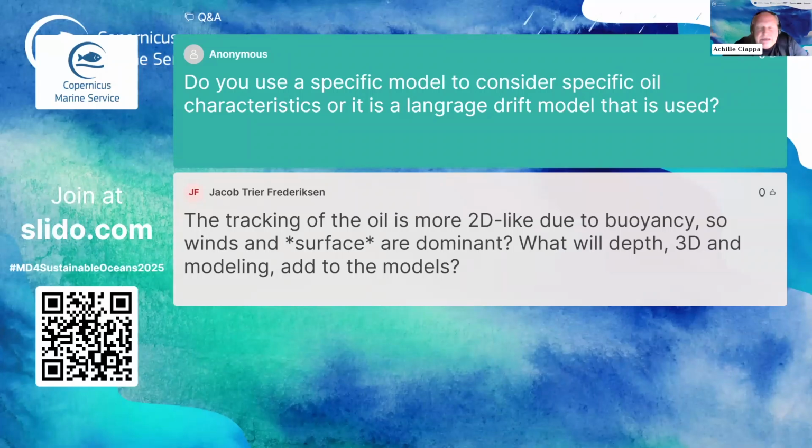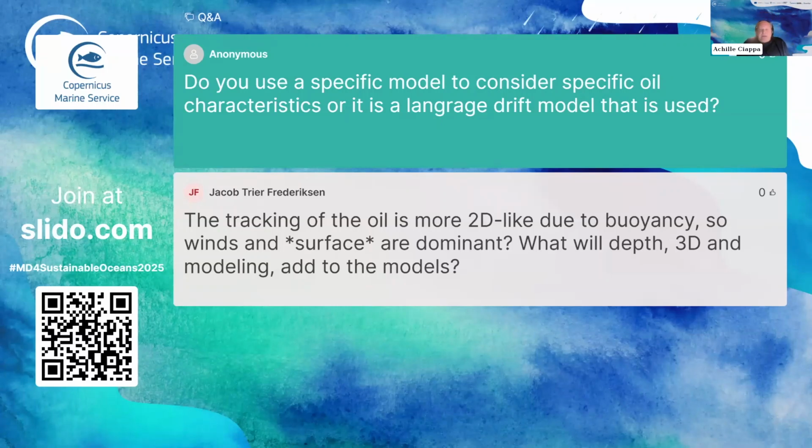The oil characteristics are not considered in reverse modeling because it's preventive work done before the oil spill occurs. So we do not know which will be the next oil spill. Will it be a strong, fast-evaporating oil? We don't know.